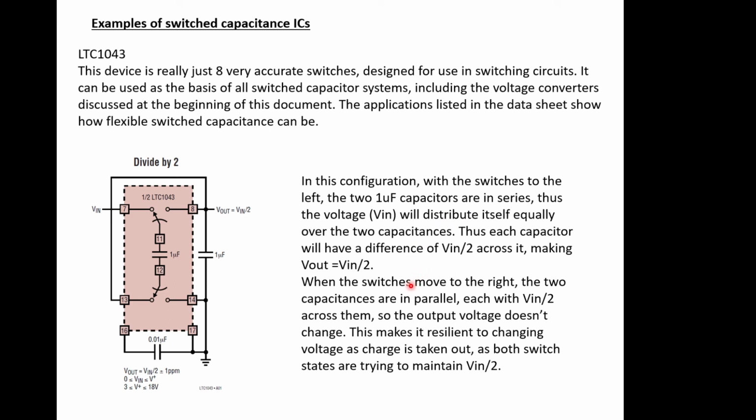Because they're in series, we end up with half that voltage across each. And when the switch moves to the right, the two capacitances end up in parallel, each with V in across them, so they add up. So this is literally the first slide we looked at. It's taking the two capacitances, charging them in series, and then dumping them in parallel.